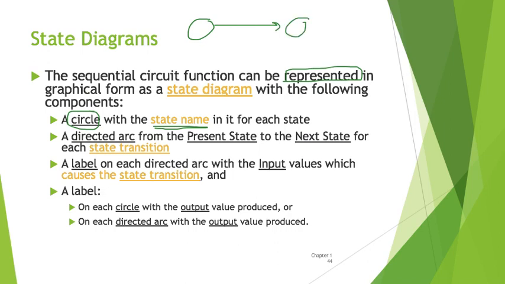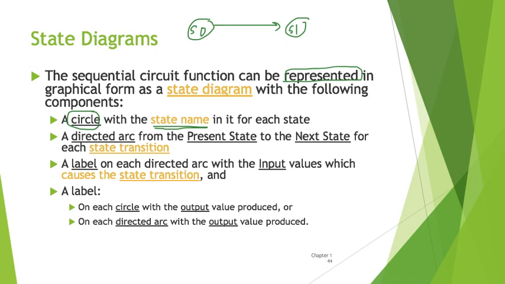For example, I have state 0 and we will go to state 1, so this arrow shows a direction. I have a label on each directed arc with the input values which cause the state transition.